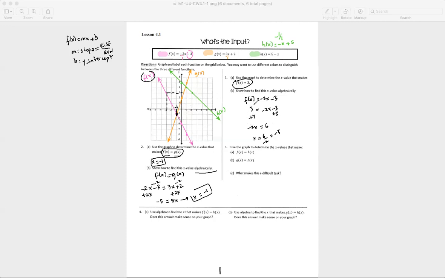For number 3, use the graph to determine the x values to make f of x equal to h of x. So same idea. Remember, f of x is basically the graph in pink, right? And h of x is the graph in green. So where does green meet pink?